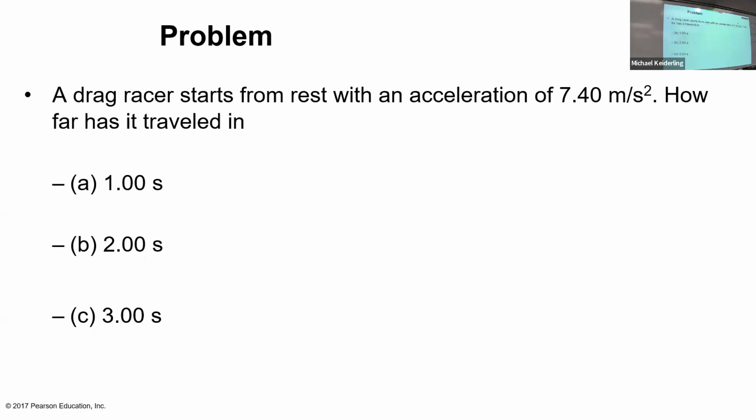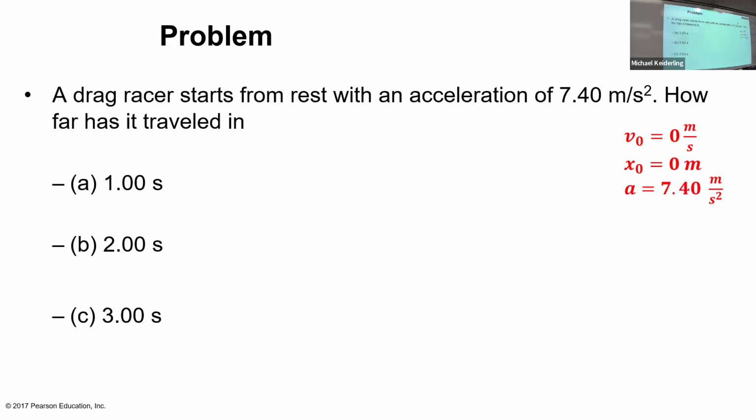So here we have our knowns. We know our initial velocity is 0 meters per second because we started from rest. We know our initial position is 0 meters because we're interested in how far this drag racer has traveled.